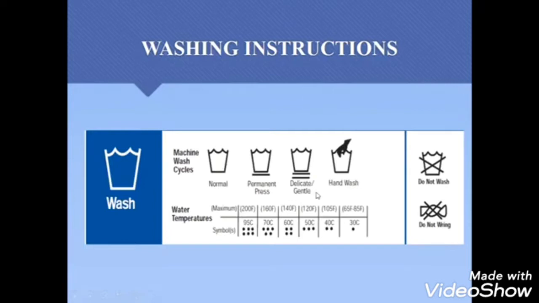In case of machine wash, it provides information about the normal cycle, permanent press cycle, and delicate or gentle cycle. Water temperature is indicated by a dots. Less number of dots indicates that fabric can handle low temperature and more number of dots indicate high temperature. Washing warnings are represented by a cross, such as this indicates do not wash and do not wring are being provided for washing instructions.